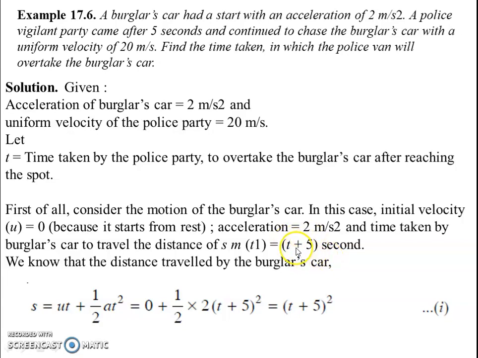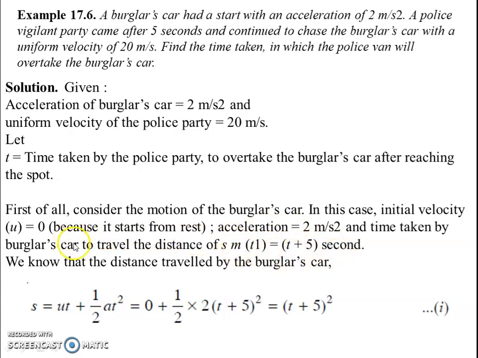This total time T is the police time to cross the burglar car, because the burglar car started 5 seconds earlier than the police car. So T1 is T plus 5 seconds. Before the police car started, the burglar car had already moved 5 seconds. Therefore T1 is equal to T plus 5. This is the only trick.